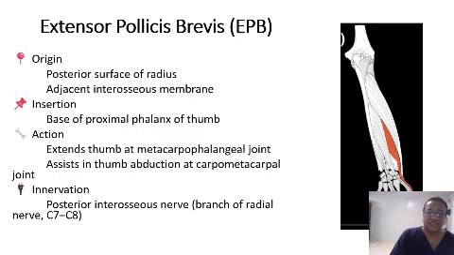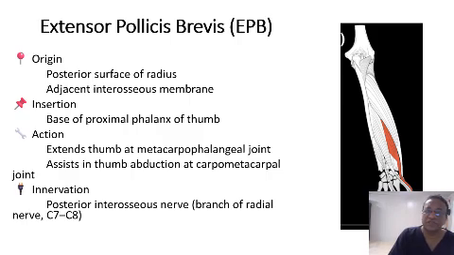It's innervated by the posterior interosseous nerve, a branch of the radial nerve, which also supplies the other deep extensors of the forearm. In surface anatomy, EPB contributes to the lateral border of the anatomical snuffbox, a region we palpate when assessing for scaphoid fractures.